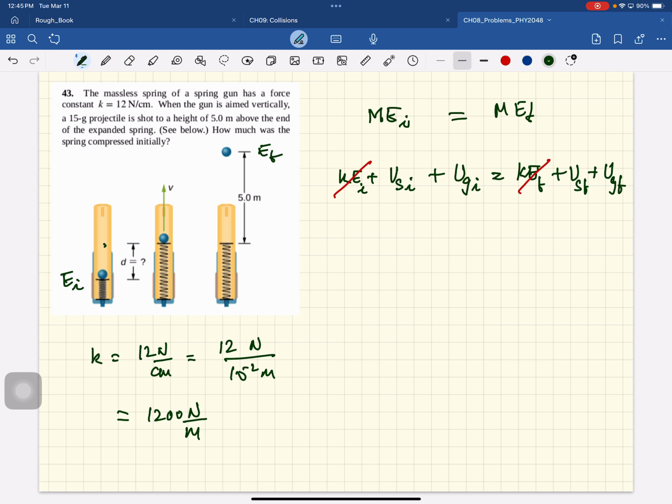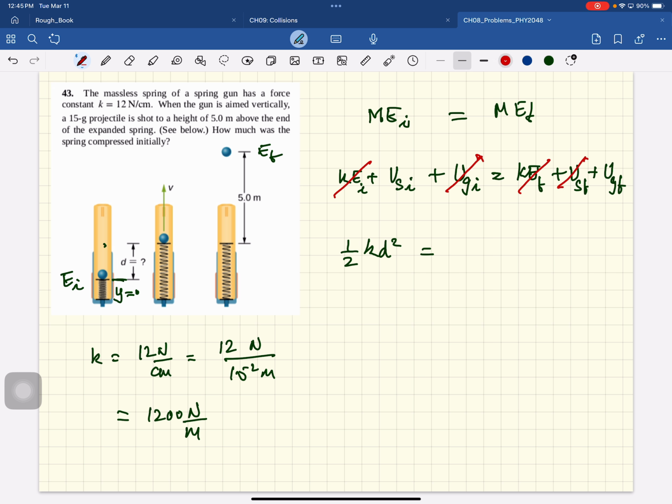Initially, for the gravitational potential energy, we'll take this to be y equal to 0. So the initial gravitational potential energy is 0. Initially, you have spring potential energy. It's compressed that much. And that's equal to, in the final configuration, the spring is uncompressed, so final spring potential energy is 0.